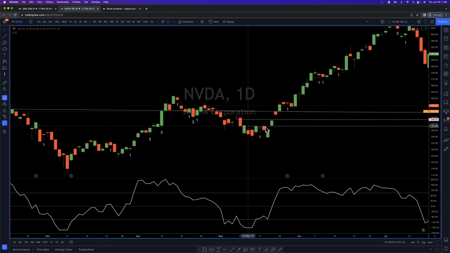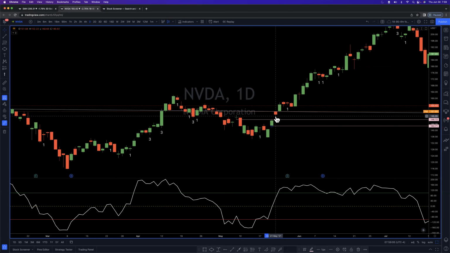I'm going to move this guy. So if it takes out this range, you'll be inside this range here. This is another 2-up though, which is why I liked it. I don't know, we'll leave it there.